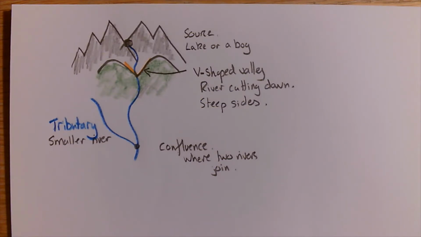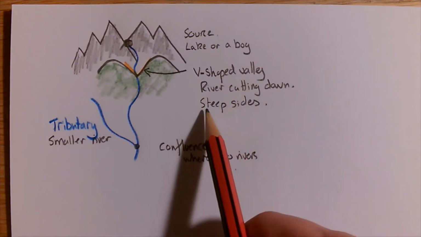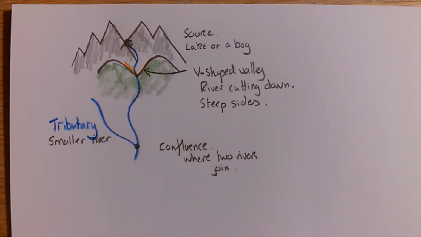Now up in those mountains, the river is cutting down into the rock. What does it create when it cuts down into the rock? Very nice, these V-shaped valleys with their steep sides. Later on, a smaller river might join the main river.